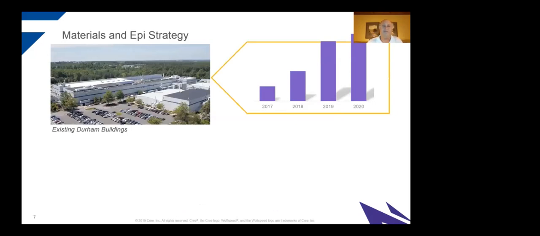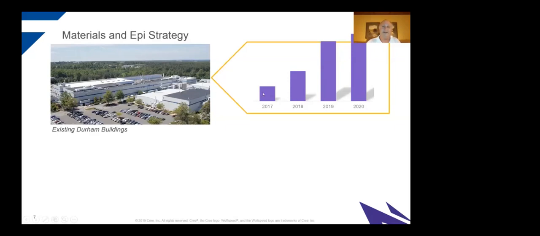We sell silicon carbide wafers and epi to the merchant market, as well as using them ourselves in our manufacturing. This shows within our existing materials building how we've ramped since 2017. You can see we're capable of 4 or 5x the materials output that we had in 2017, and the very large majority of this is 150 millimeter or 6-inch wafers.